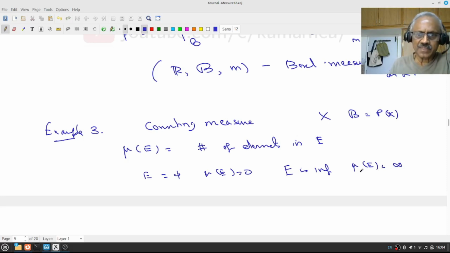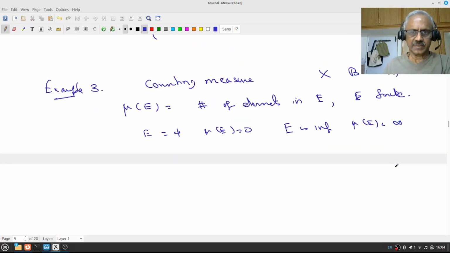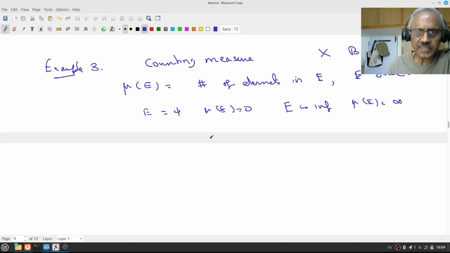If it is a finite set, mu of E is the number of elements in E. Otherwise, it is infinity. Again, please check it is countably additive. So you have to check mu is countably additive.